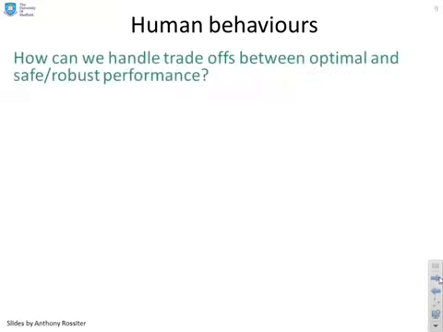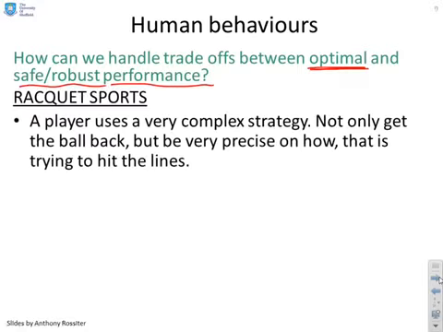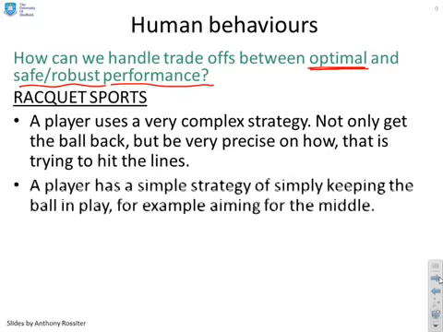What next? How do we handle trade-offs between optimal behavior and safe or robust performance? And you'll see this is quite similar. So again, if we use the analogy of a racket sport, a player might use a very complex strategy, not only getting the ball back but being very precise on how, trying to hit the lines and the corners, etc. Another player might have a much simpler strategy of simply keeping the ball in play, for example aiming for the middle.